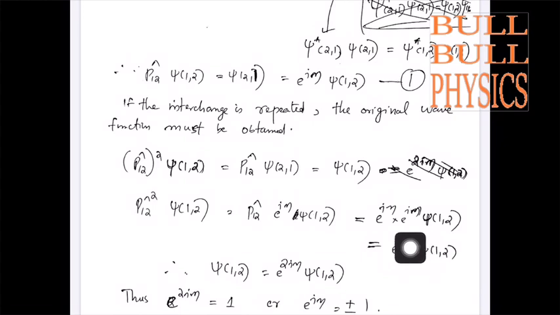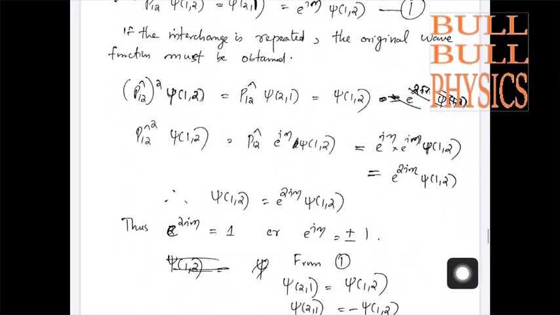So I will get again an e to the i eta. So there will be i eta into i eta, so e to the power 2 i eta psi12. So P12 squared, the operator acting 2 times on this wave function, gives e to the power 2 i eta psi12.